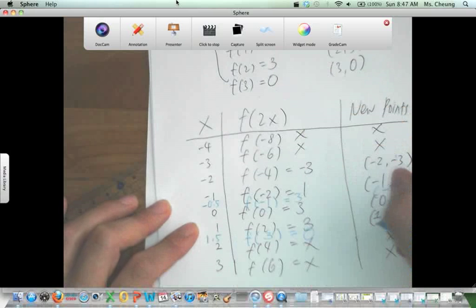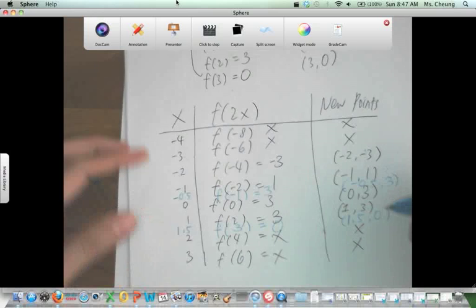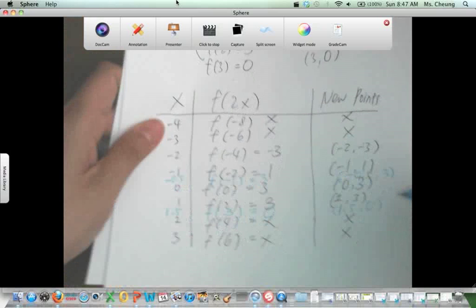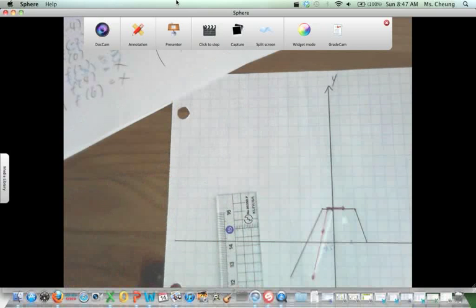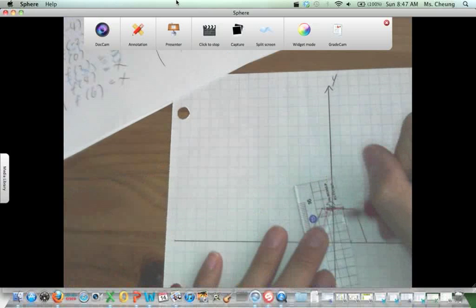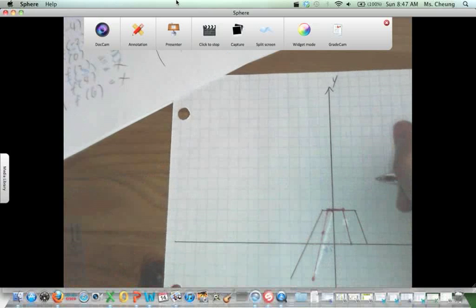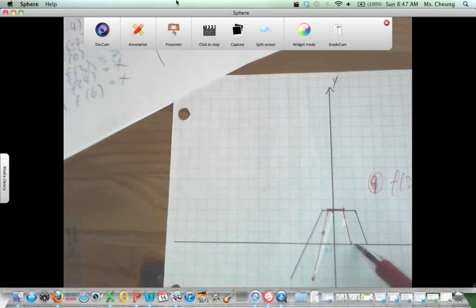So there will be a point after 1, which is 1.5, 0. So 1.5 is here, 0 is this point, and your graph actually cuts through this point also. So this is number 9, f of 2x. You use the table, and your graph is compressed.